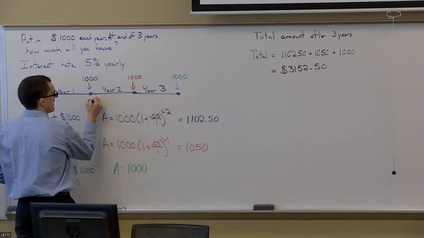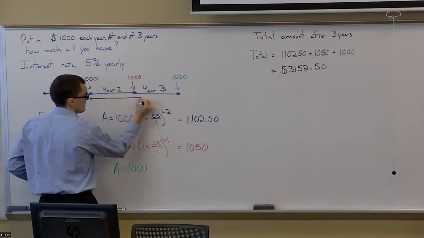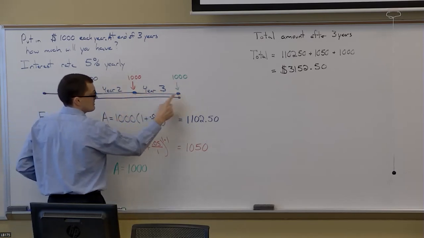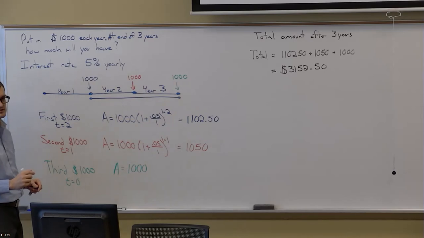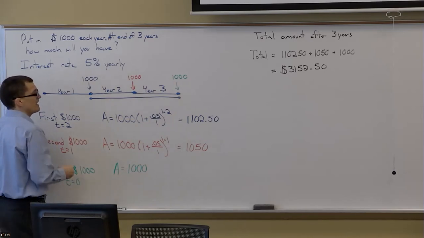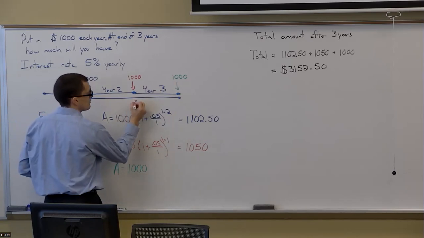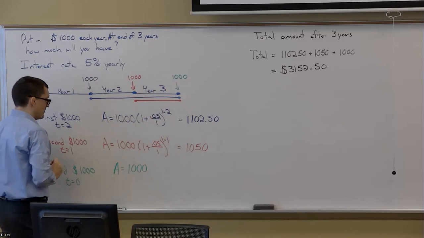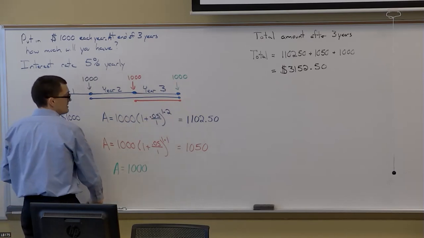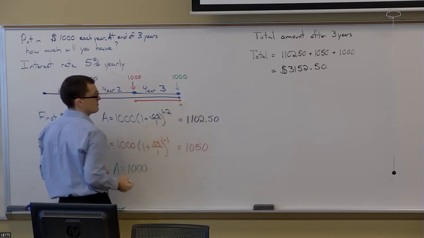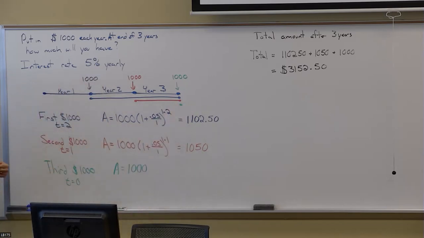So this $1,000 is going to gain interest for the total of 2 years. The $1,000 gains interest for a total of 1 year. And then that $1,000 is just not gaining any interest because we did that. I don't know if that makes sense, but yeah.